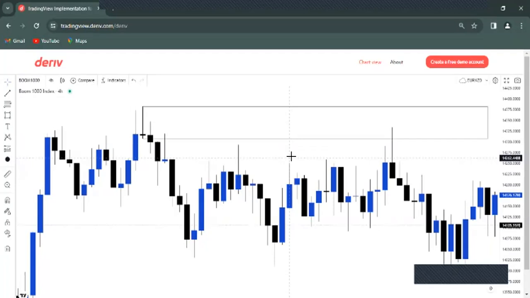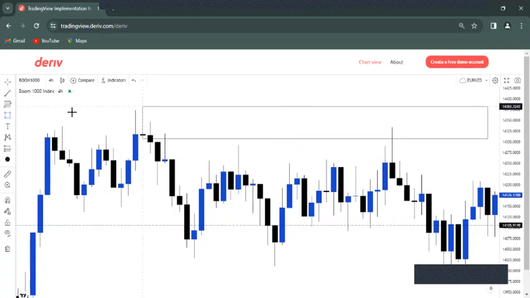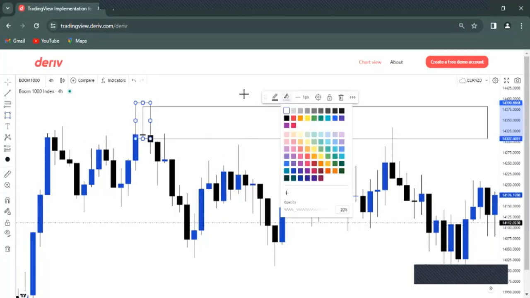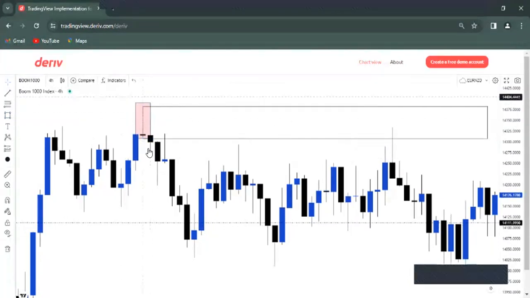So we are having something like this. I'm going to mark it with a colored box so that you can distinguish it. So this is our supply zone.